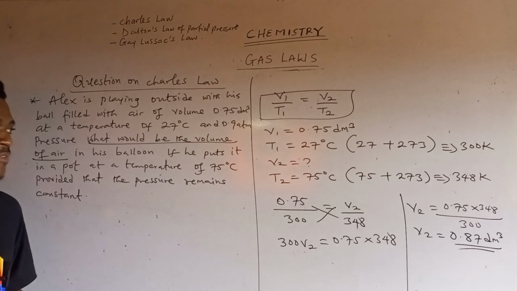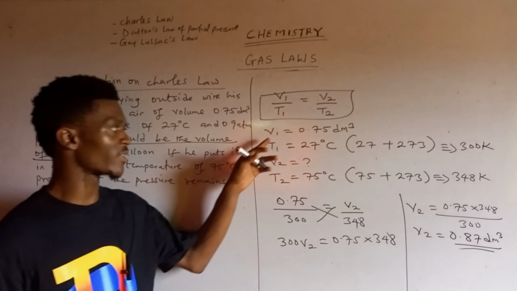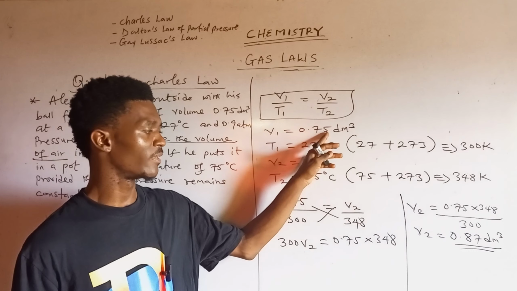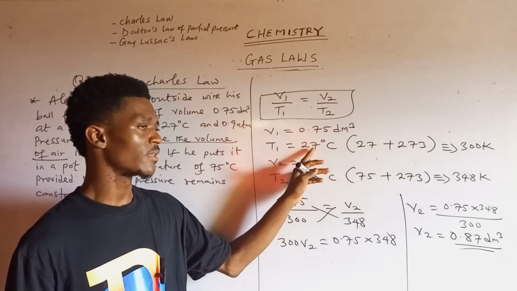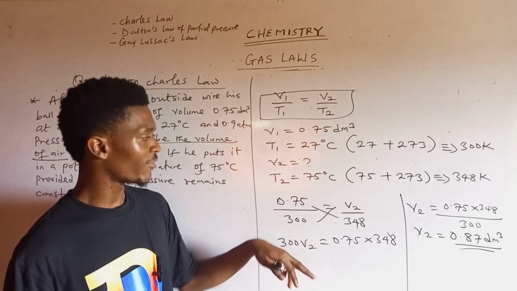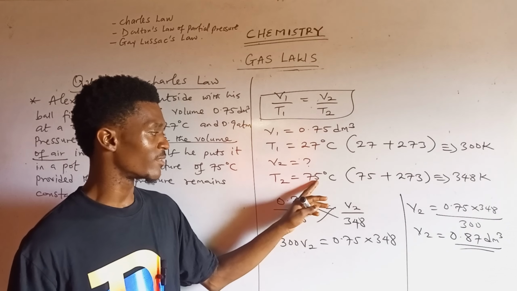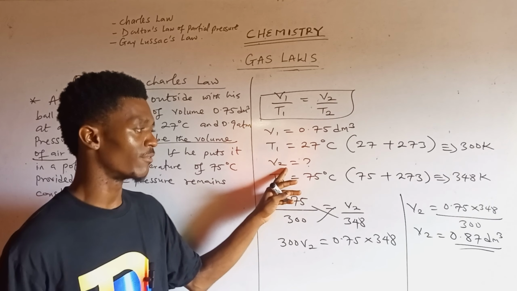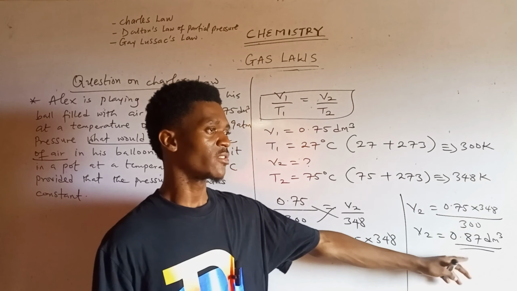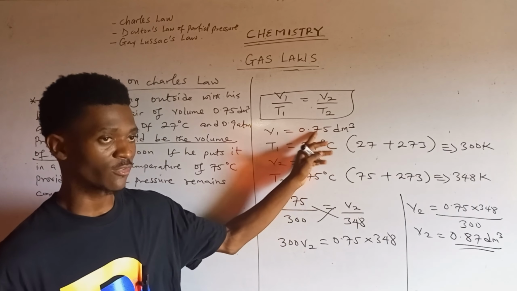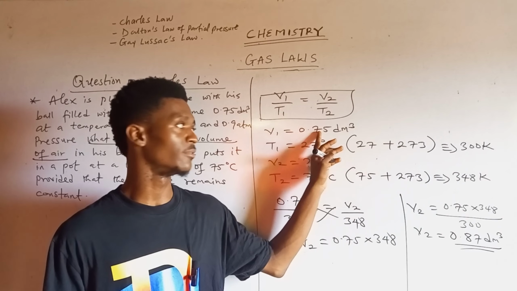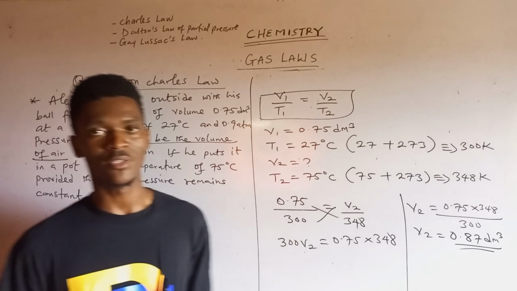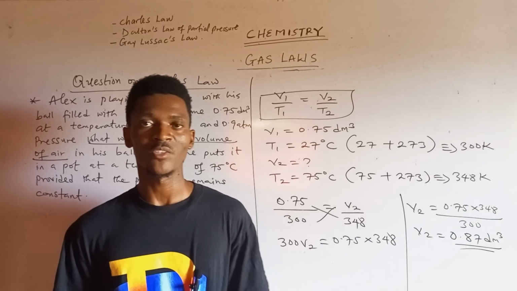Now, it's very logical to conclude that initially we were having 0.75, and then the temperature was 27. Finally, we are having temperature to be 75, an increase in temperature. So we are supposed to be expecting an increase in volume, and we had it, which is 0.87, bigger than the previous volume, 0.75. So that's a question on Charles' law.